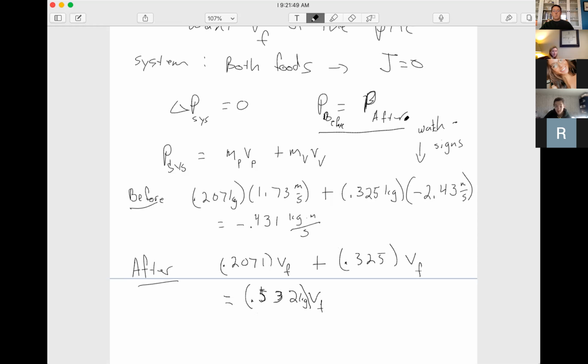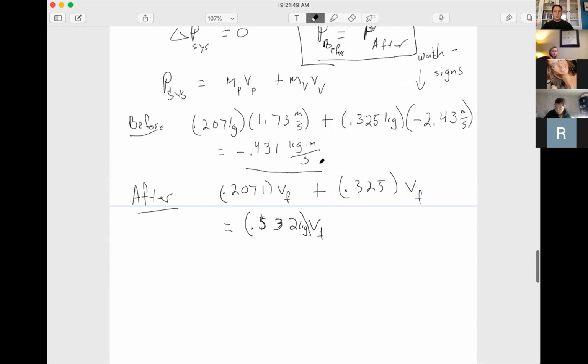And now going back to my key equation, the momentum before is the momentum afterwards. So this momentum before equals this momentum afterwards. And I get negative 0.431 kilogram meter per second equals 0.532 kilograms times v final. I want to find the final velocity, so I just divide.